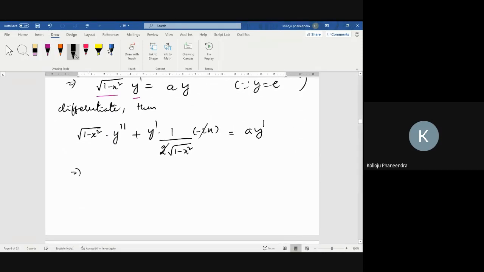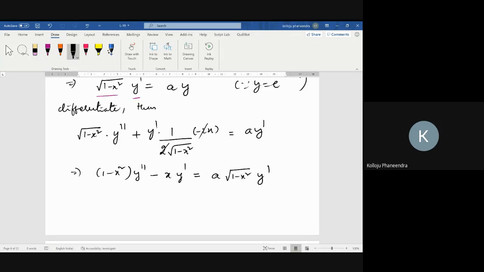Taking LCM on both sides, this is 1 minus x square y double dash minus x into y dash equal to a into root of 1 minus x square y dash.